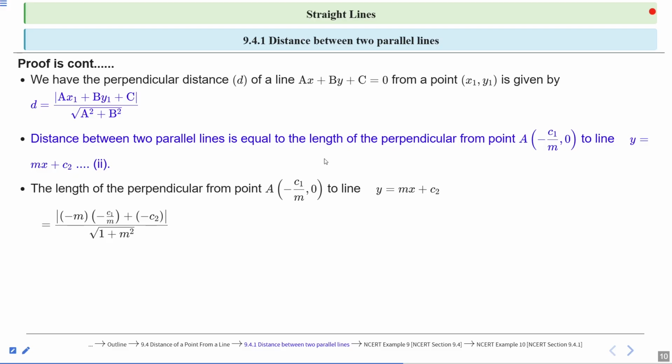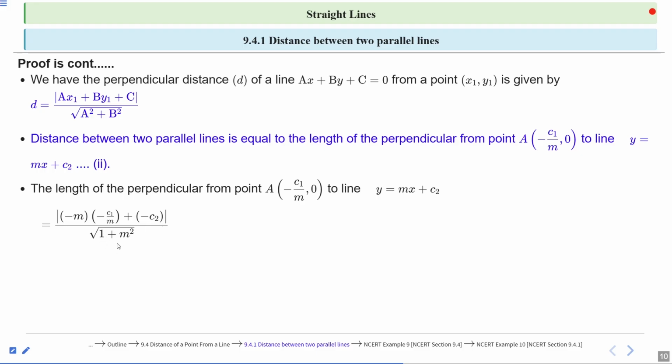Okay, so if we substitute here the point x1 comma y1, that is here minus c1 over m comma 0 in this formula, then we will obtain the length of the perpendicular from the point A minus c1 over m comma 0 to the line y equal to mx plus c2. This is basically modulus of minus m times minus c1 over m plus minus c2 divided over square root of 1 plus m square.